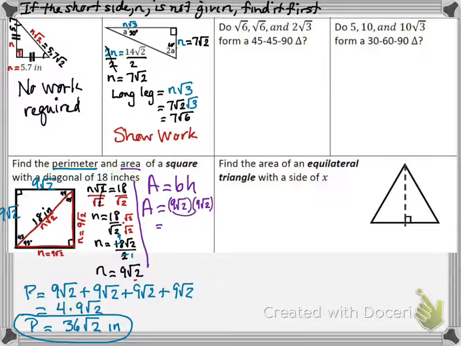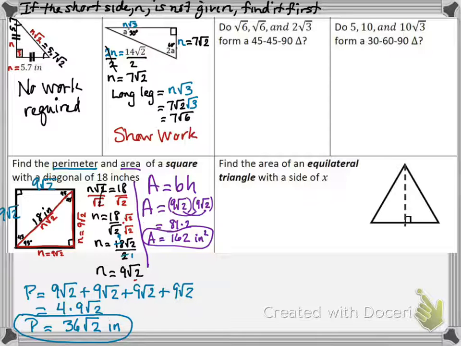But basically, I'm going to do 9 times 9 is 81. Root 2 times root 2 is root 4, which is plain 2. So I have 162. And it was measured in inches, but because this is area, I need to call that 162 square inches. Okay, that gave us both perimeter and area.